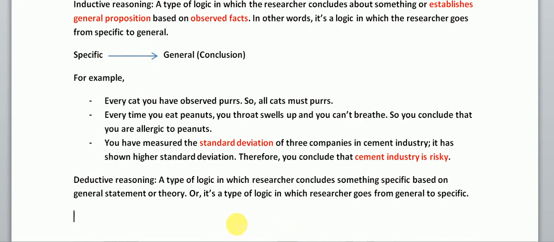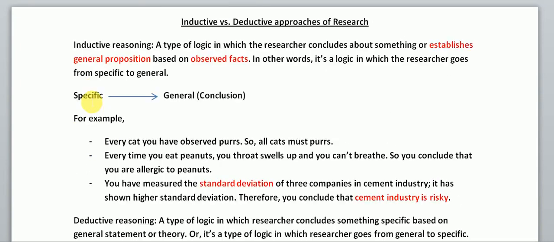Dear students, deductive reasoning is the opposite of inductive reasoning. In inductive reasoning we go from specific, based on a specific phenomenon or a specific sample you have taken, and infer something general for the population.